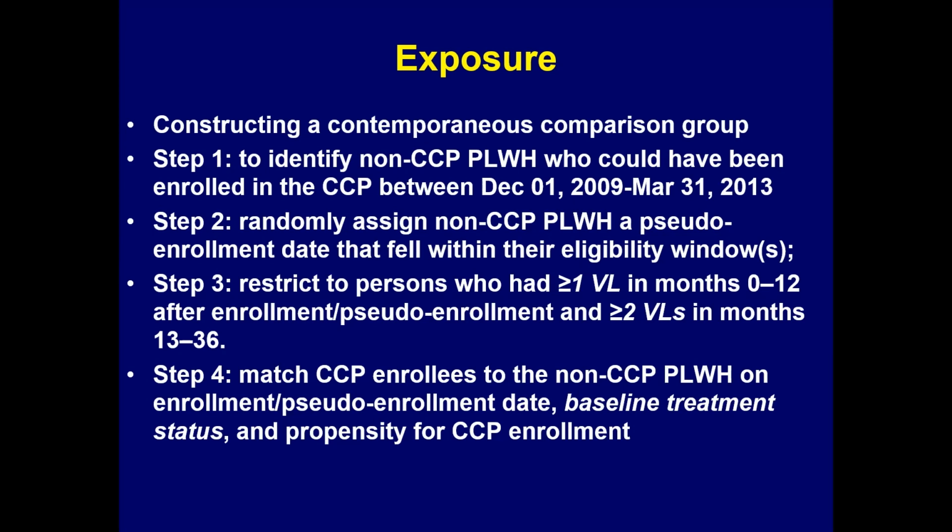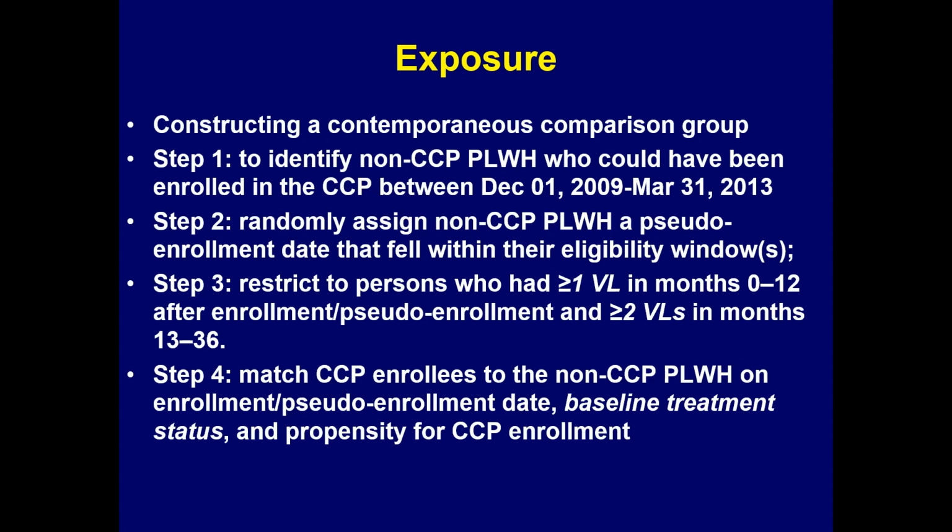But in this example, the exposed people are all the people who enrolled into this CCP program. But now we are going to establish a group of people who were unexposed from another database. So the difference compared to this example is that now we need to find a way to establish the comparison group.